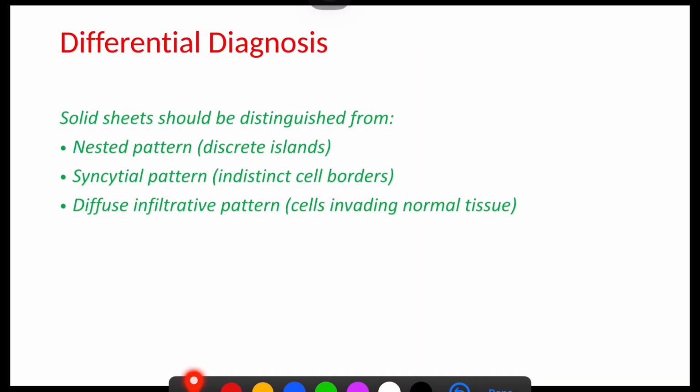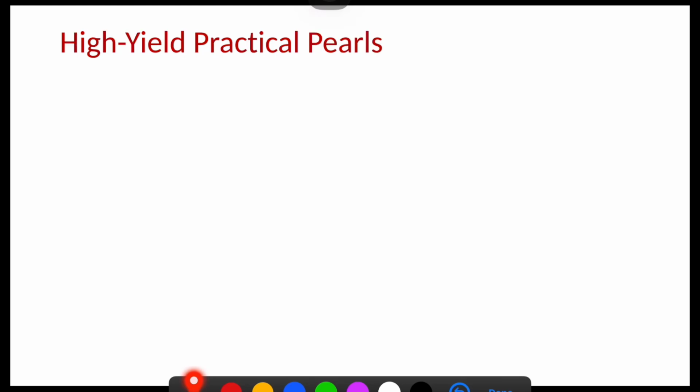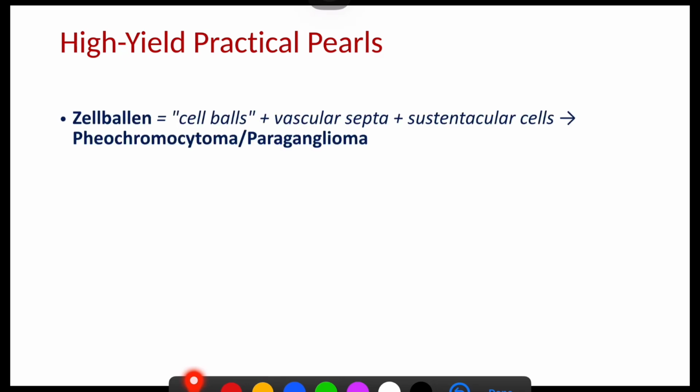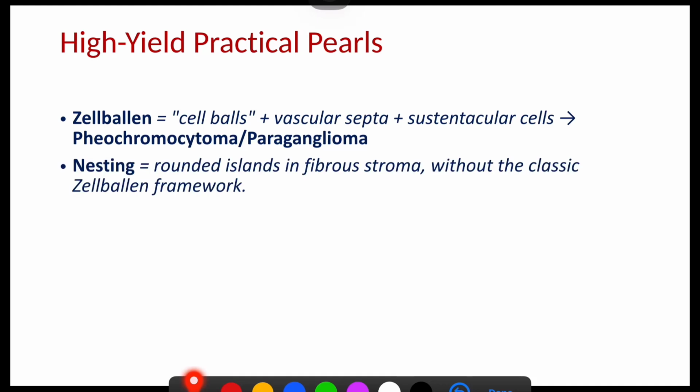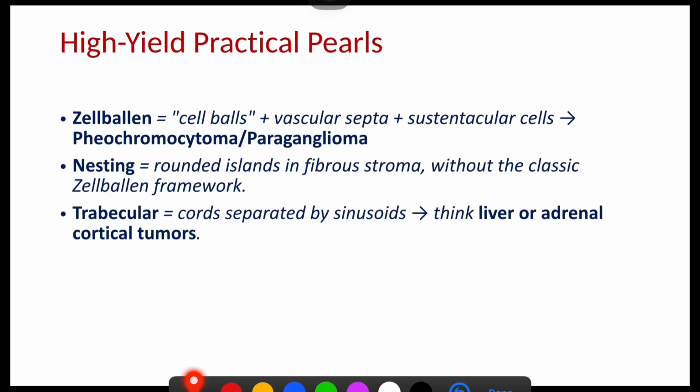So solid sheet should be distinguished from nest pattern, which is discrete islands, and syncytial where there are indistinct cell borders, and diffuse infiltrative pattern in which cells invade normal tissue. All these five patterns are seen in different tumors. So remember, Zellballen means cell balls, vascular septa, sustentacular cells, most common in pheochromocytoma and paraganglioma. Nesting: islands in fibrostroma without the classical Zellballen framework.